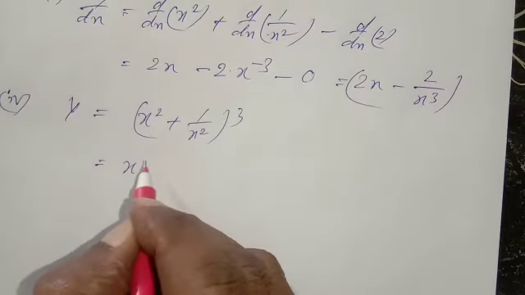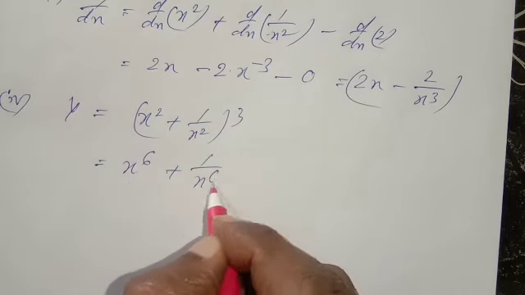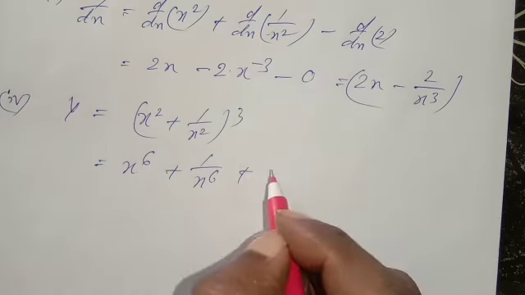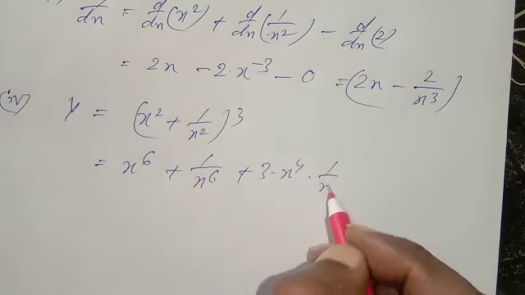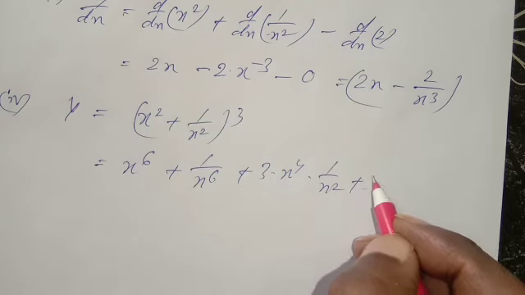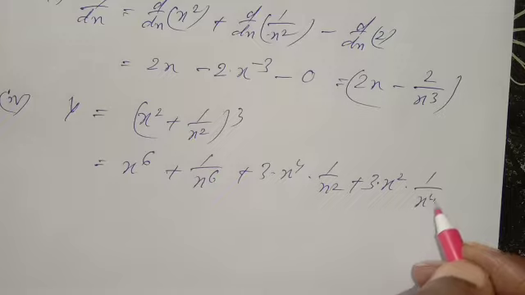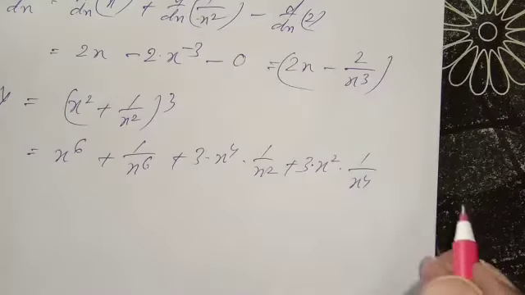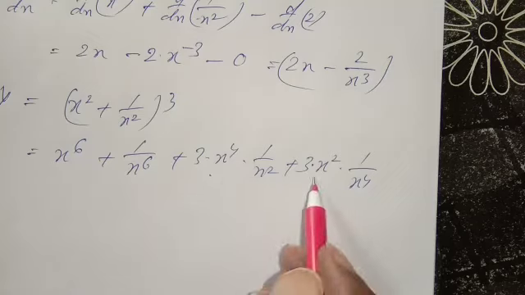That means x square whole cube, x to the power 6, plus 1 by x to the power 6, plus 3a square b, means 3 x to the power 4 into 1 by x square, plus 3ab square, means 1 by x to the power 4. Just apply a plus b whole cube, a cube plus b cube plus 3a square b plus 3ab square.